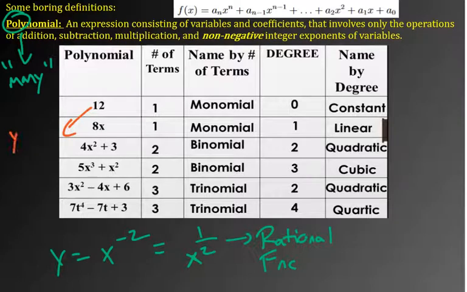So if I have a function y equals 12 x to the 0, that is a polynomial, it has x's, and it fits this definition. But then x to the 0 is 1, and so we get y equals just 12. That is constant degree, which means degree 0. It's always the value of 12. It's never changing. It's constantly that thing.